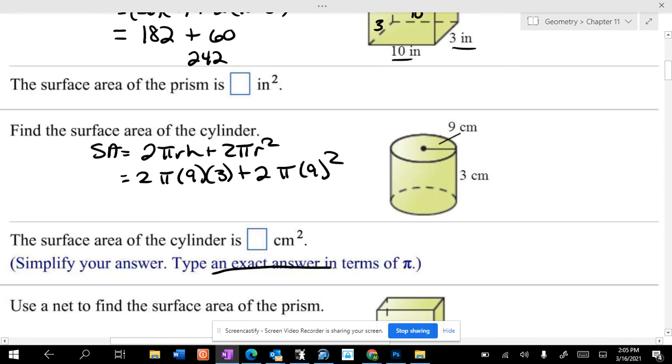It says type an exact answer in terms of pi. Do not hit the pi button on your calculator. Okay? Just take 2 times 9 times 3, which is 54 pi, plus 9 squared is 81 times 2 is 162 pi. 54 plus 162 is 216 pi. Okay? Just leave pi as pi.